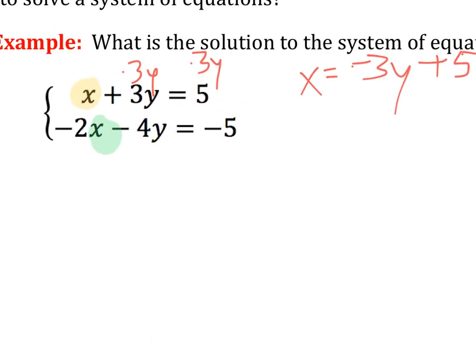So this will be negative 2 times the quantity, and we're going to plug in this whole shebang into there, minus 4y equals negative 5.